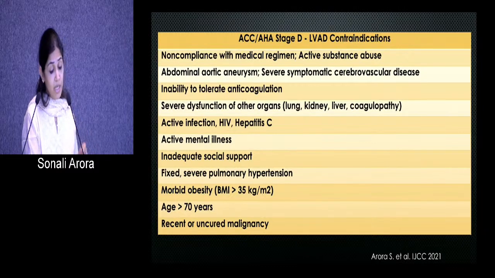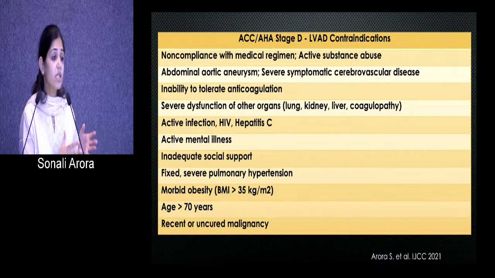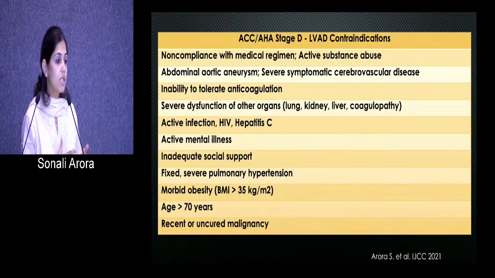Recent or uncured malignancy especially is a contraindication for a transplant, especially less than 5 years. If there is a malignancy, we cannot transplant these patients. If there's a malignancy in the last 10 years, we need to take input of an oncologist, and only then, if they have a PET scan and there is no metastatic disease, and the initial diagnosis of the malignancy did not have a high chance of recurrence or micrometastases, those patients can be considered.